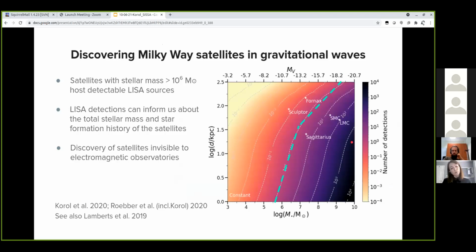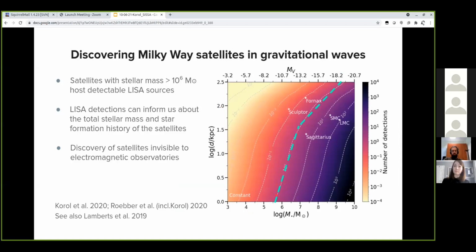And now I'm looking only at the hypothetical satellite for which I vary the total stellar mass on the x-axis and the distance from us on the y-axis. And the color here tells you the number of detected binaries in this parameter space. And again, for your convenience, just roughly, I'm showing you with this dashed line where the one detection contour lies.